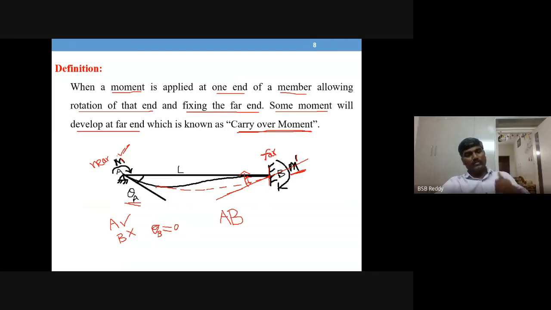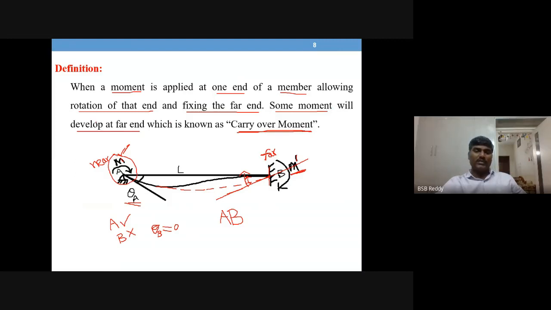So once again, read the definition. When a moment is applied at one end, here at A, of a member, allowing rotation of that end and fixing the far end, some moment will develop at the far end.